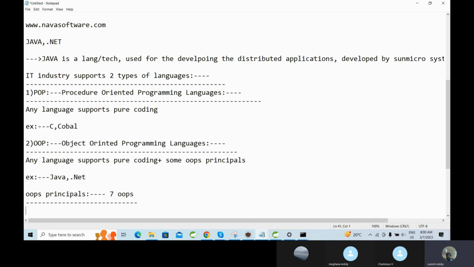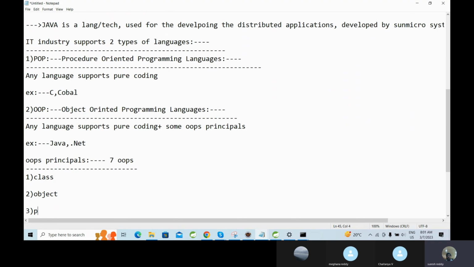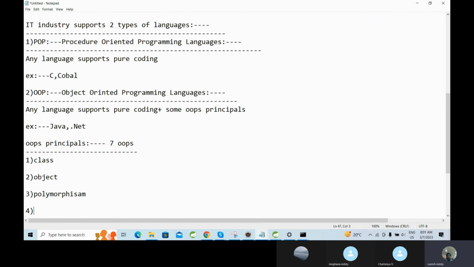How many OOPS principles are there? According to Sun Microsystem, there are 7 OOPS principles. What are those? First one is class. Next one is object. Next is polymorphism. Next is inheritance.